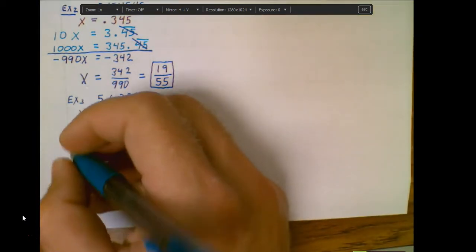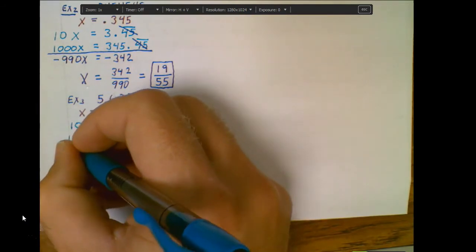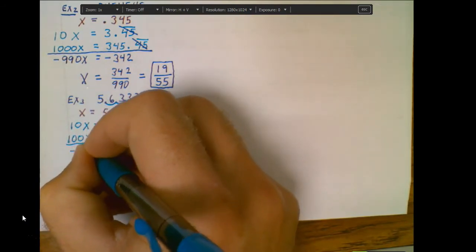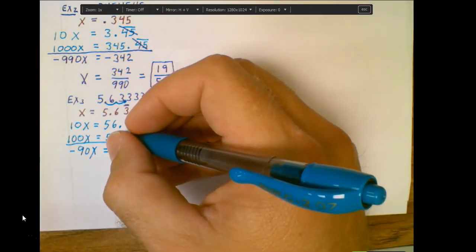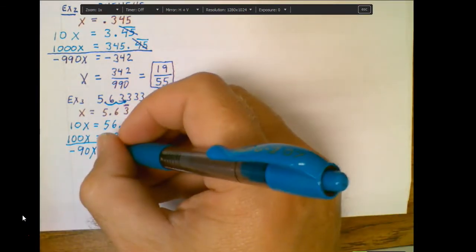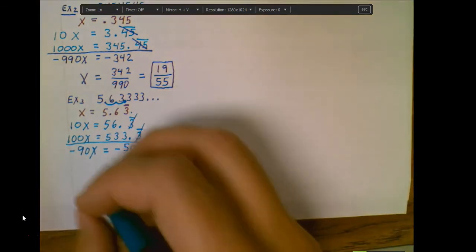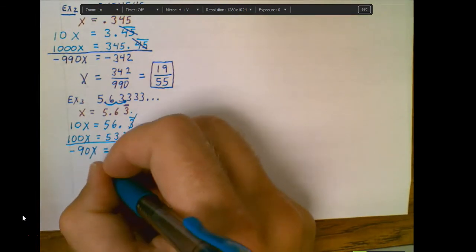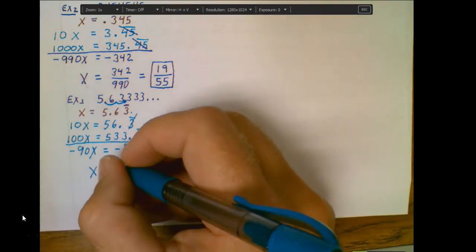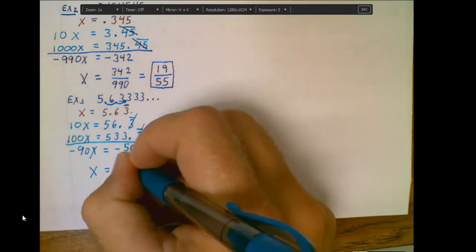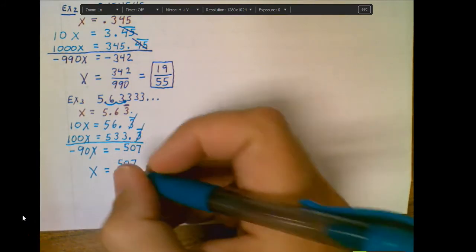So if I do the 10 minus 100, I've got my negative 90. And on the right, if we do 56 minus 563, you're going to get negative 507. And divide both sides by 90. And then this is a great stage.